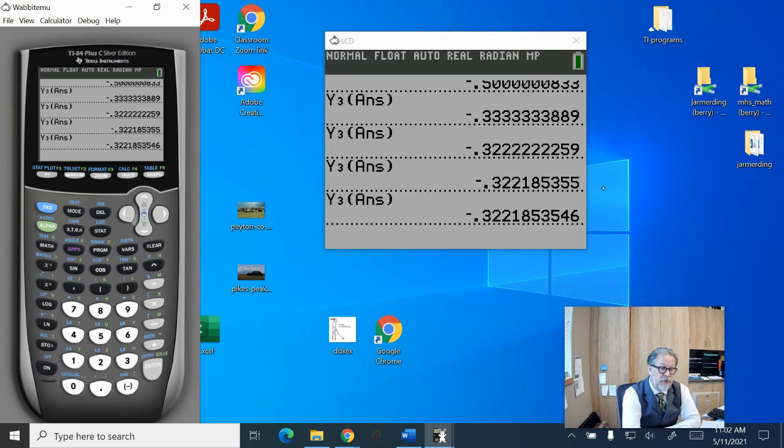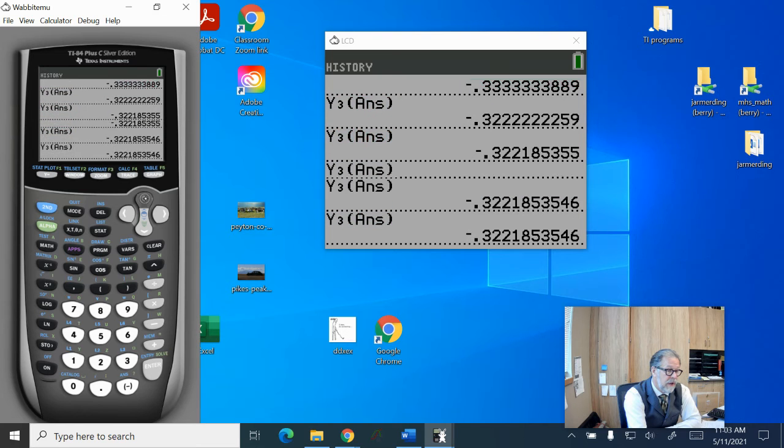We're now converging to -0.32218535546. Notice that the last decimal hasn't changed. I now have an accuracy of 1, 2, 3, 4, 5, 6, 7, 8, 9, 10 decimal places of the root. And let's arrow up and calculate.